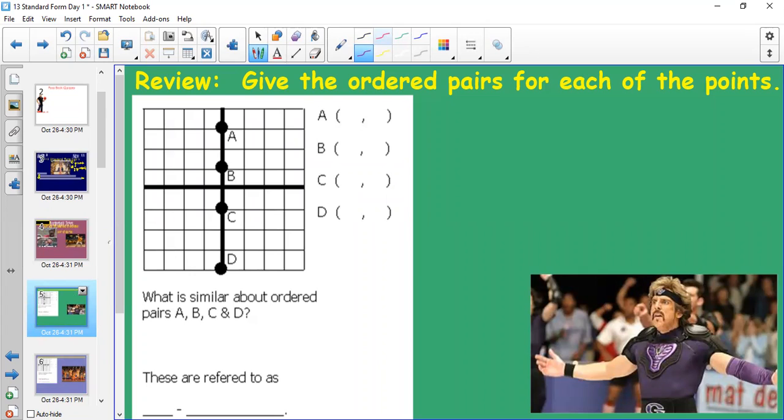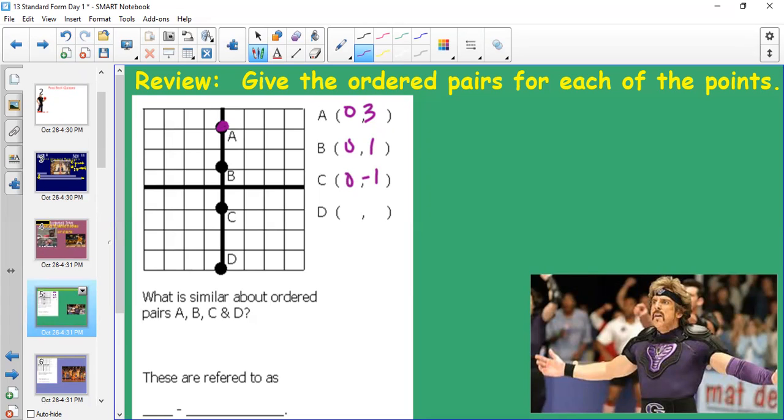Okay, so what is similar about these ordered pairs? Well, let's first write the ordered pairs. If we plotted the point A right there, the coordinates for it are 0, 3. The ordered pair for B is 0, 1. C is 0, -1.